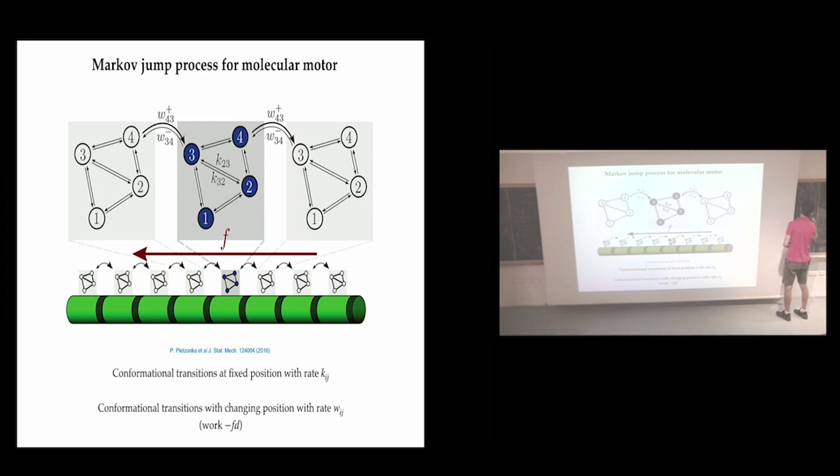And with internal, I mean that they do not involve any translation in space. And the others, the W plus and minus, these are transition rates that involve spatial translation along the filament, so in space.